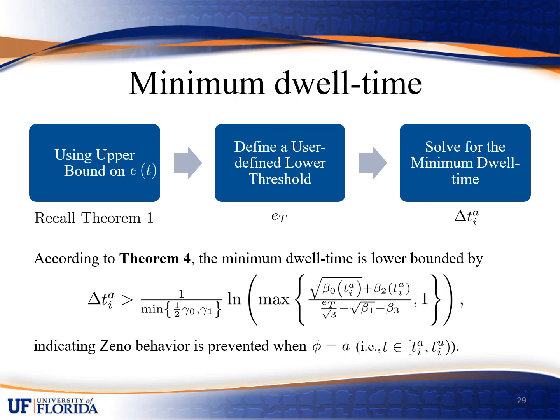Using the upper bound on ET from Theorem 1 and defining a lower threshold ET, the minimum dwell time can be solved as shown here. This inequality is used to ensure ET converges within the desired neighborhood, and at the same time, Zeno behavior is prevented when feedback is available.